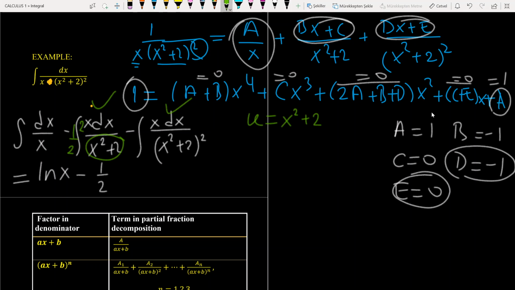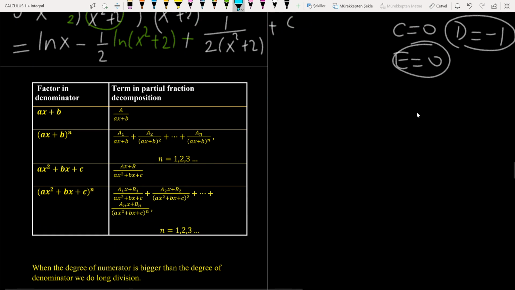This is why the answer of this integral becomes ln of the denominator, so the answer is 1 over 2 ln of the denominator. And if you apply the substitution rule to the third integral, you have plus 1 over 2 times x squared plus 2, and of course a constant c.